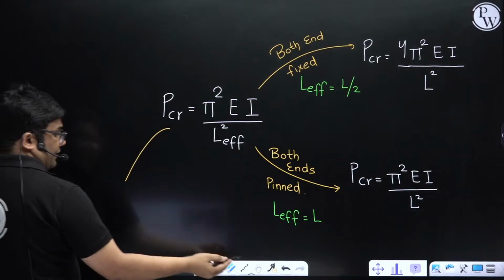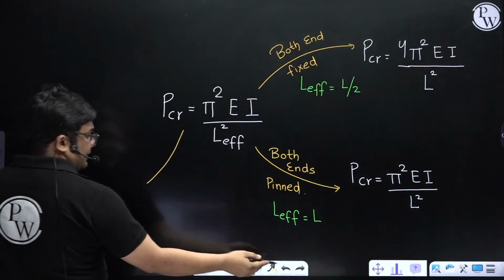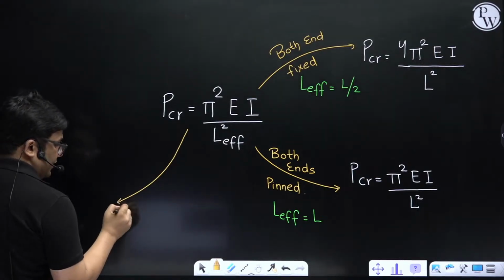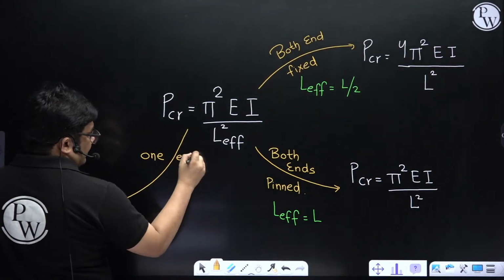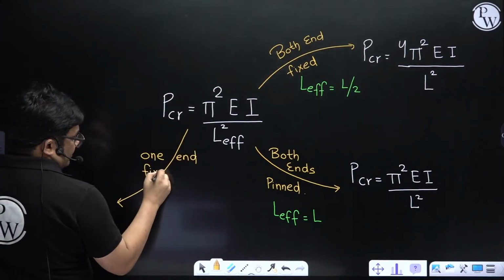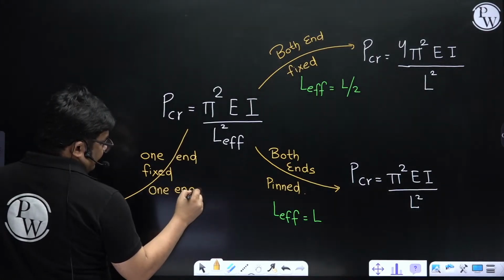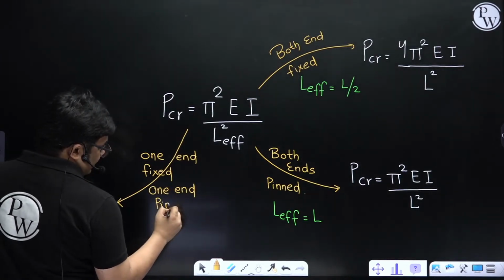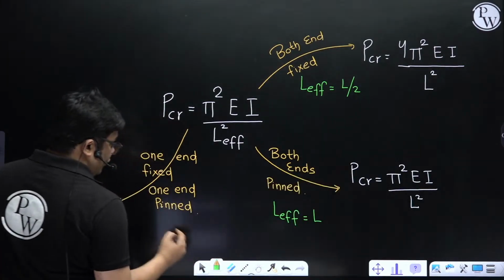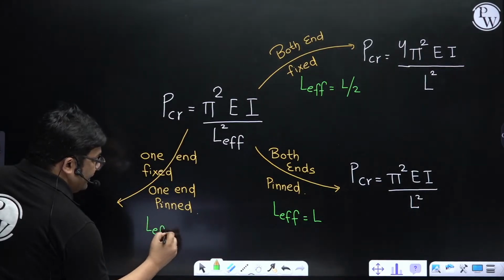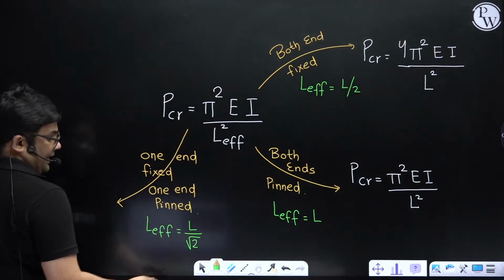Next, if I say one end fixed, one end pinned. In this case, your L effective is equal to L by root 2, right?